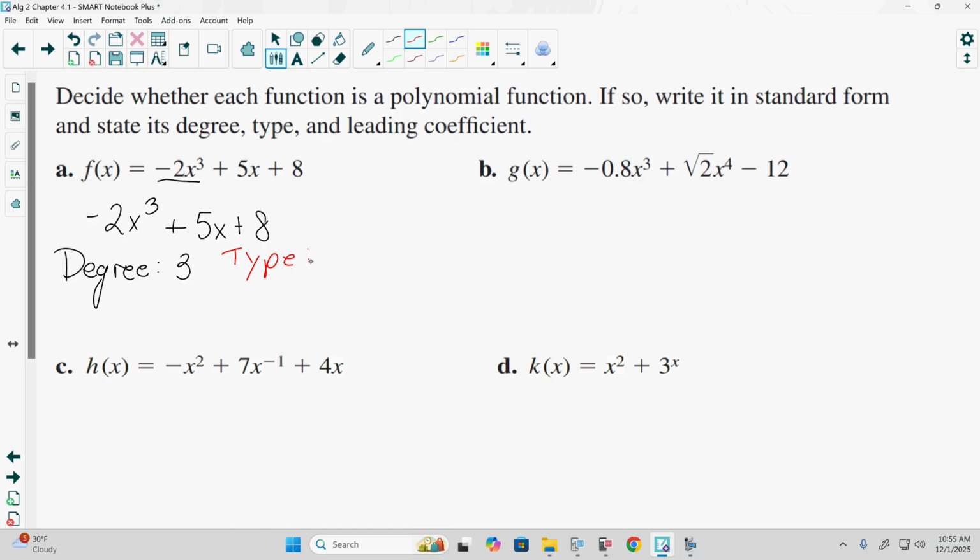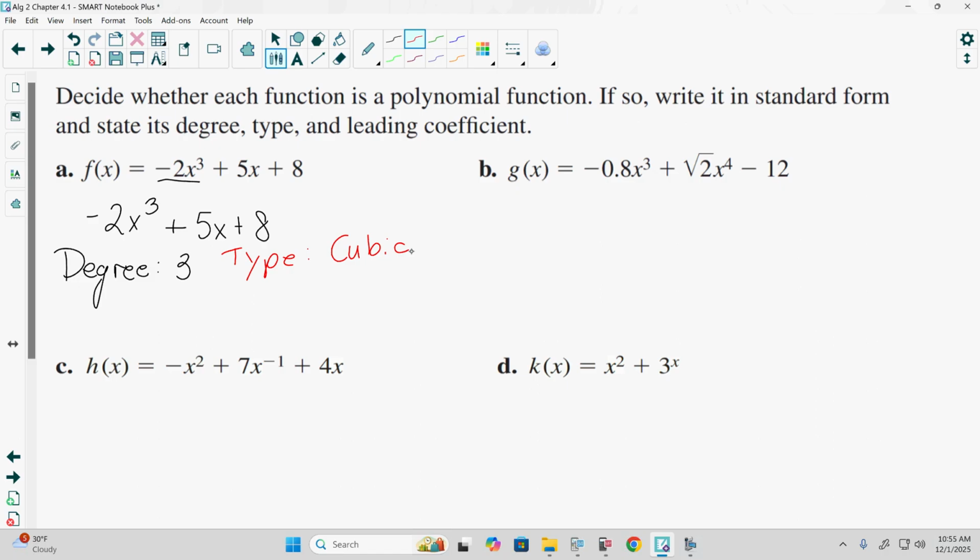Now the type. The degree tells us what type it is. Since it's a degree 3, this would be a cubic. And luckily it is listed there on the first page. Degree 3 would be cubic.